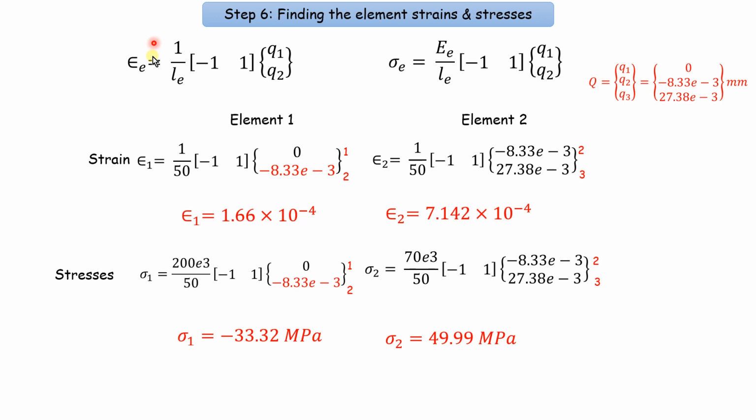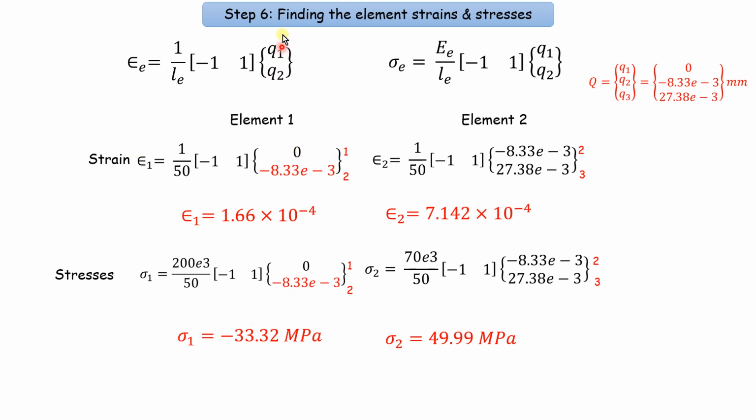This matrix is denoted by B, called the strain displacement matrix. And this is your stress matrix: Young's modulus is multiplied to it, Hooke's law, so you get the stress. Now using this, you need to find the strain in the first element, the strain in the second element, and the stress in each element.